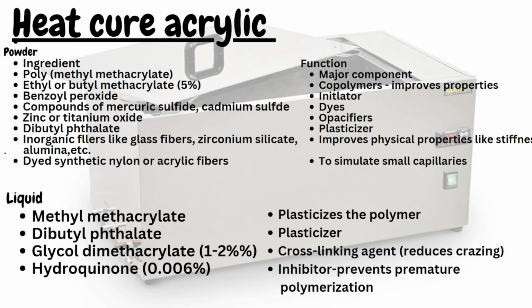The cross-linking agent forms crosslinks that will be described later, that reduces crazing. That is, it's kind of scratches, if you can see, or if you have made a base plate, so there are many kinds of imperfections or holes and these kinds of scratches, so this is crazing.